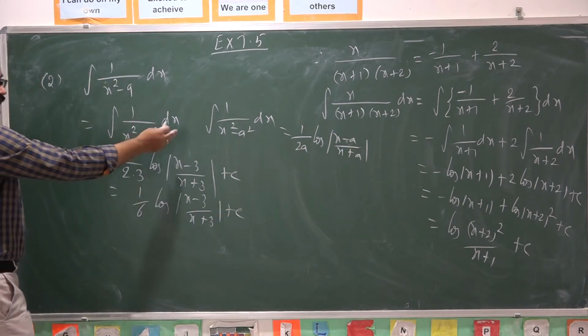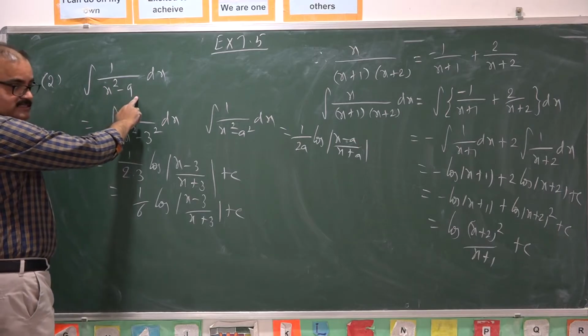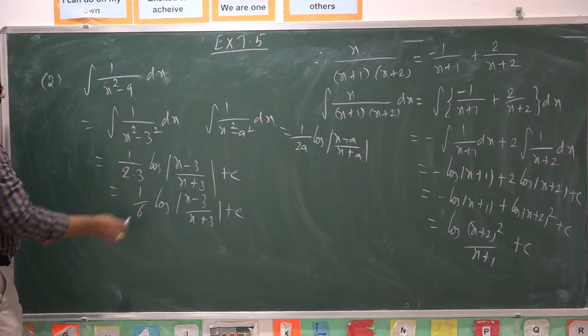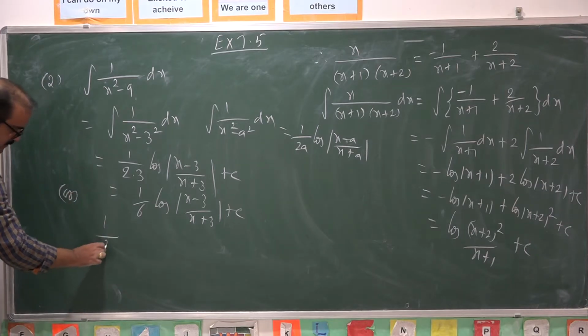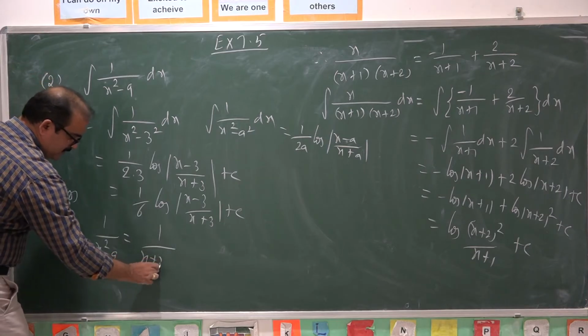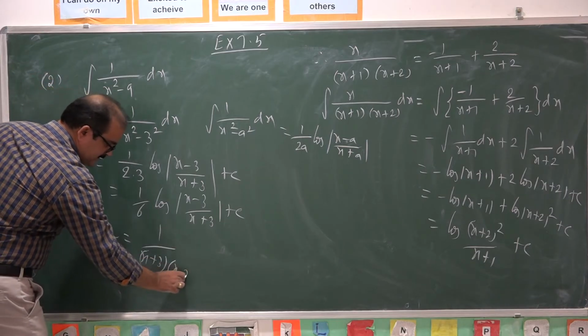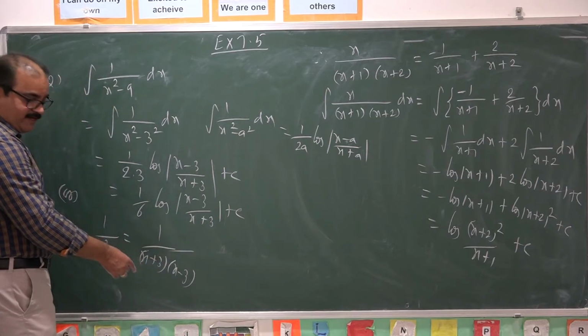You may apply the formula directly, or by resolving it into partial fractions also you get the same answer. Alternative method: 1 by (x square minus 9), write it as 1 by (x plus 3) into (x minus 3). How to resolve it into partial fractions?